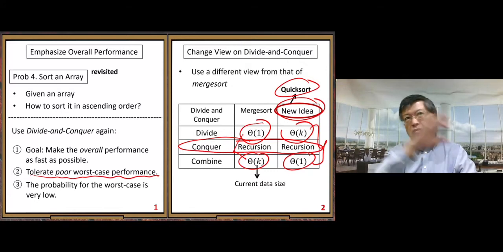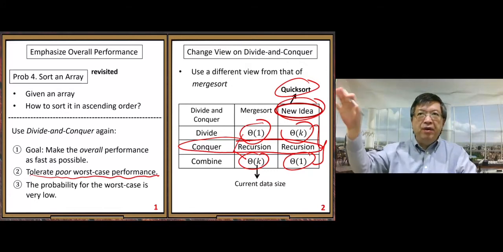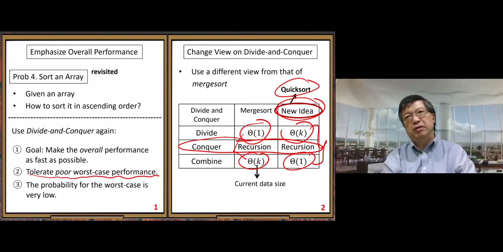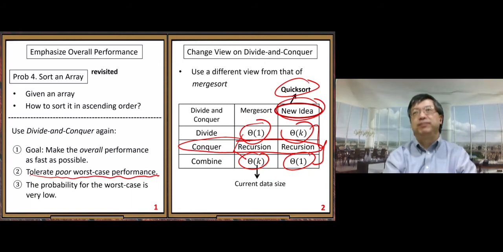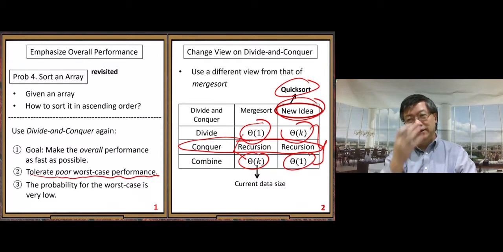It beats almost all other known sorting algorithms. For that reason, it deserves this name, Quicksort. From this name, it's supposed to be overall quick.